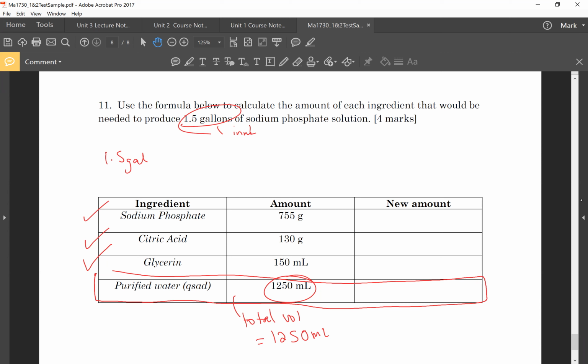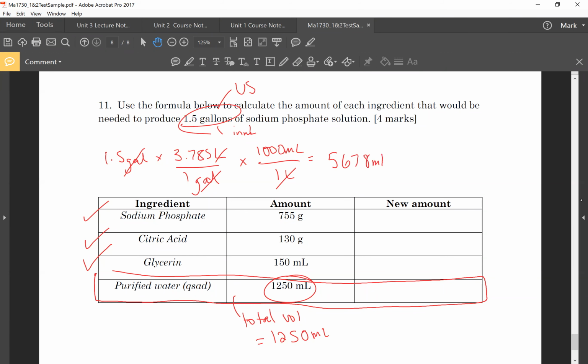So this is a US gallon. 1 US gallon is equal to 3.785 liters. That is from my formula sheet. Now, I also need to know how many milliliters I get, which is a classic conversion we've been doing for a long time.